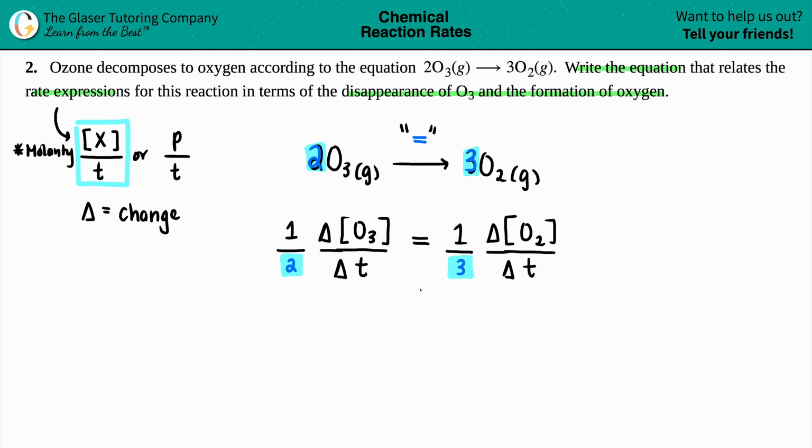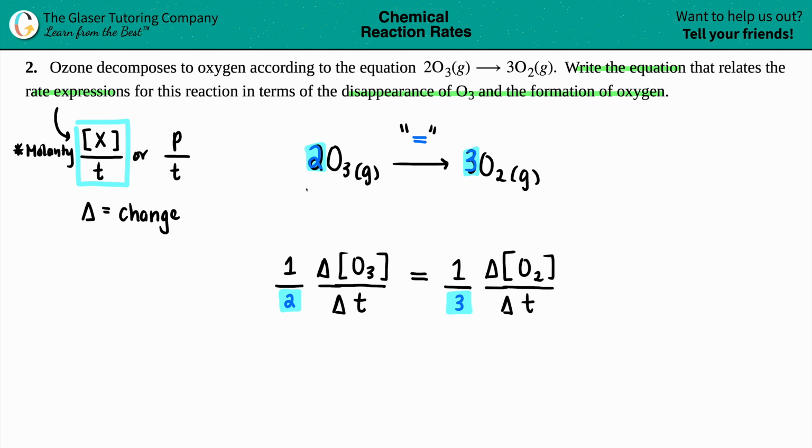And now we just have to show that O3 is disappearing and oxygen, O2, is forming. Now, keep in mind that as the reaction is progressing, the O3 is going to be disappearing, and the O2 is forming, or you can say that this will be appearing.